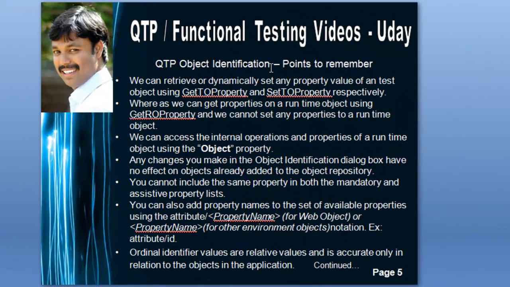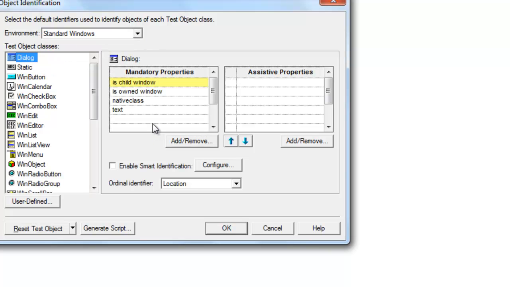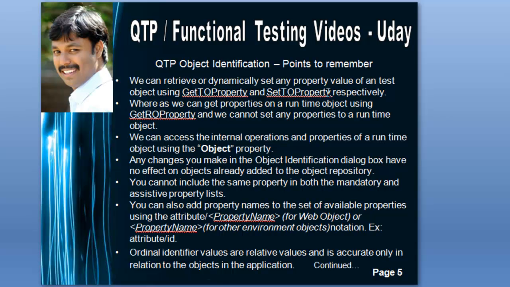The next property: we can retrieve or dynamically set any property values of a test object using GetTOProperty and SetTOProperty. What I'm trying to say here is, so far we have used object identification and manually configured these properties, right? Rather, we can configure these properties through script using SetTOProperty, or you can use GetTOProperty.